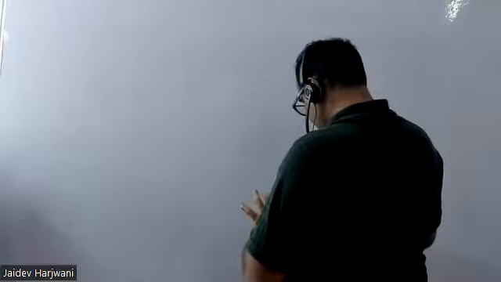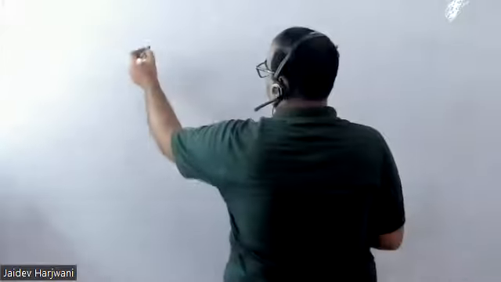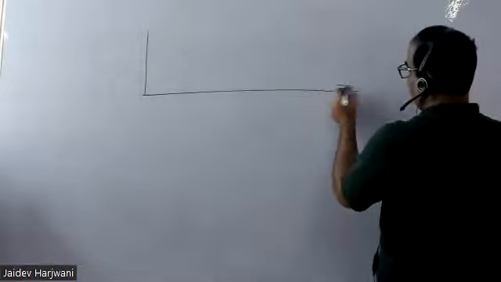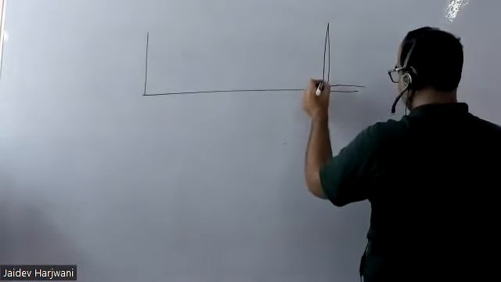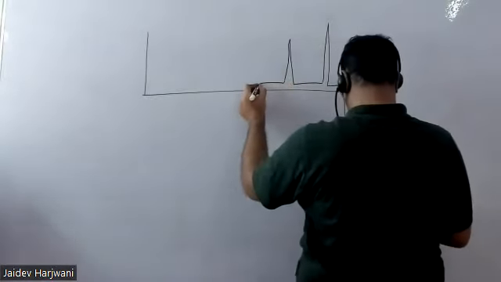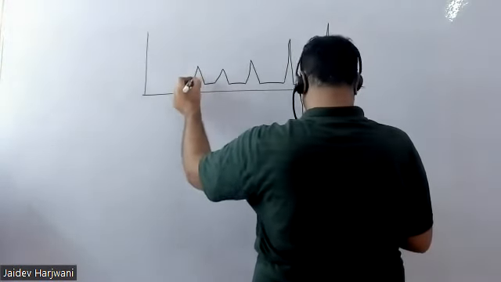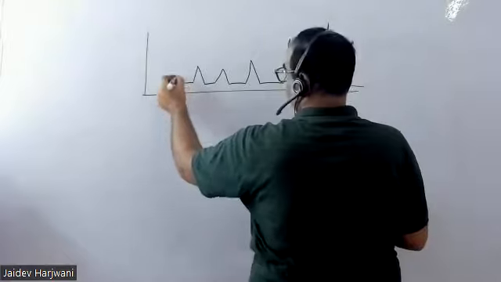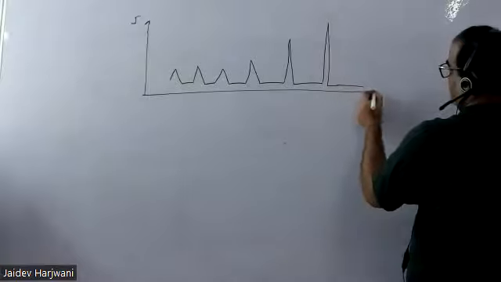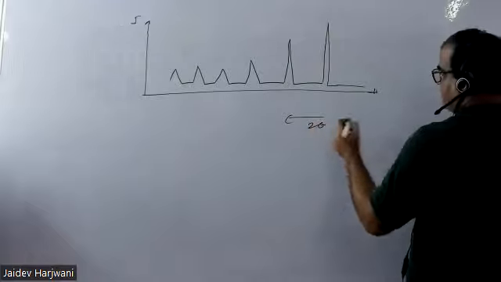So if I draw the KCl, okay, so this is my KCl peaks. This is the intensity, and this is 2 theta. So these are the 2 theta values.